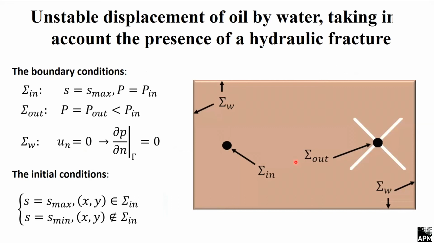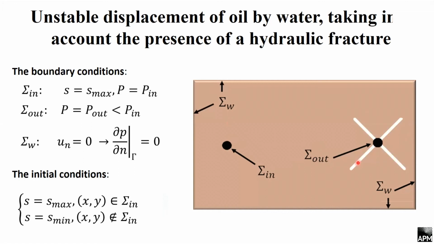The next problem under our consideration is unstable displacement of oil by water, taking into account the presence of hydraulic fracture. Here you can see two wells, injection and production. It is a possible presence of one or two hydraulic fractures.